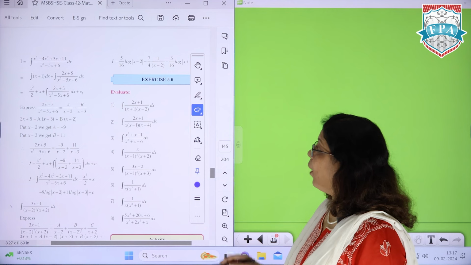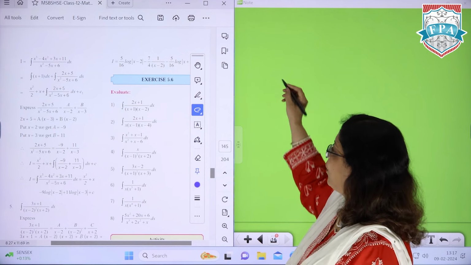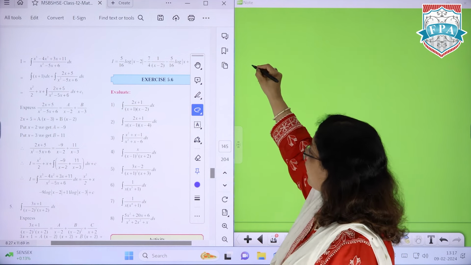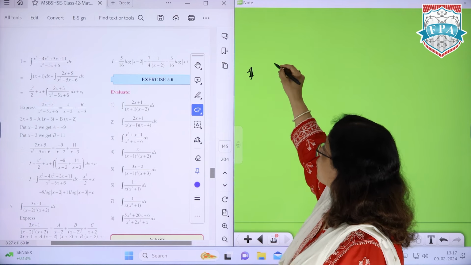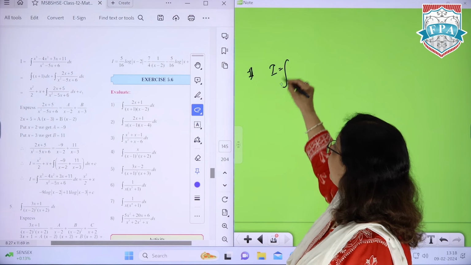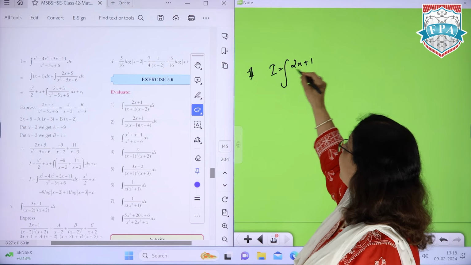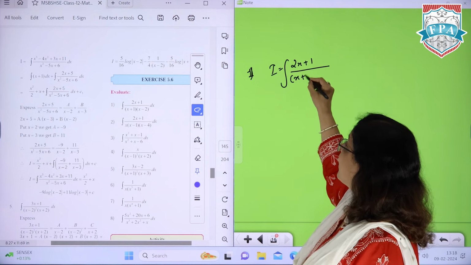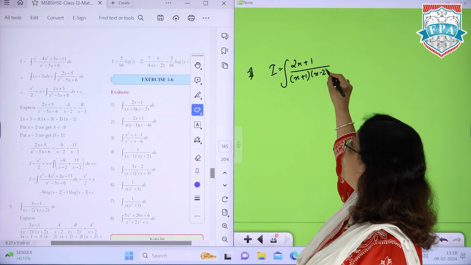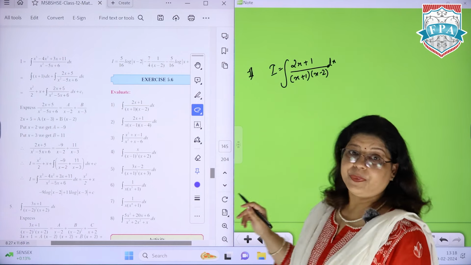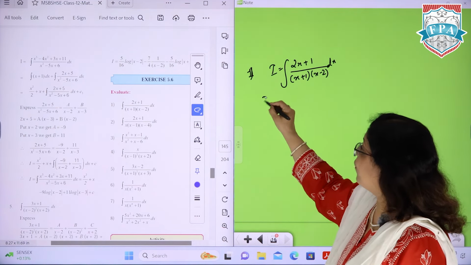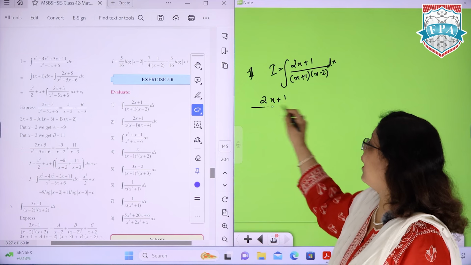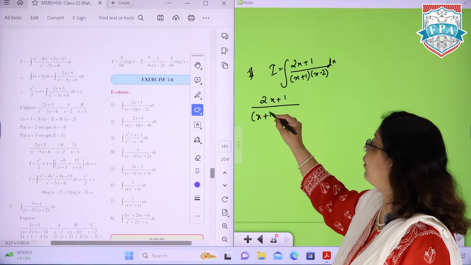So let's take one question of exercise 5.6 over here. Say question number 1. So I is equal to integral (2x plus 1) upon (x plus 1)(x minus 2) dx. Okay. So now first we'll write this question in the partial fraction form.